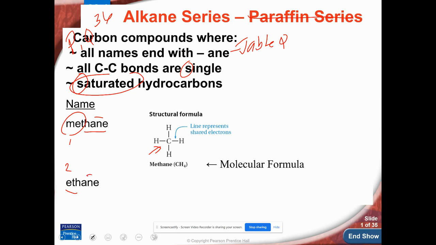So I have 2 carbons connected in a chain by single bonds, and at the ends of all of those single bonds, outside of the one between the 2 carbons, are always hydrogens, because these are hydrocarbons.